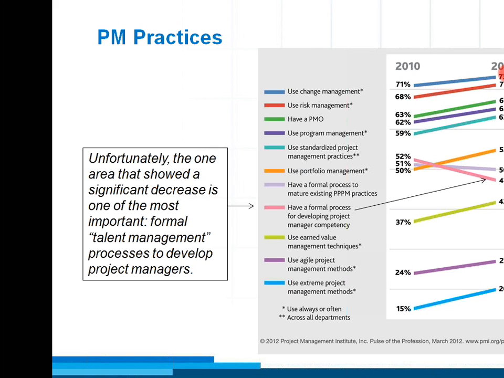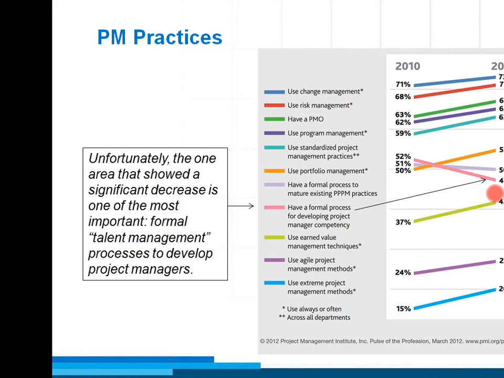In the 2011 survey, there has been a 2% increase. Whereas if you go to a technique like earned value management, from 37%, a 5% increase, 42%. Which means 58% of organizations surveyed are not using EVM.